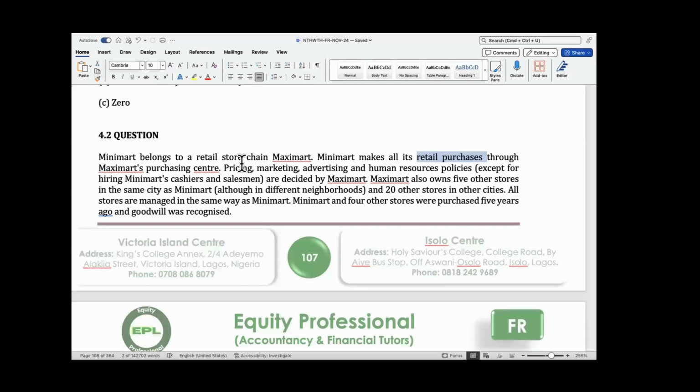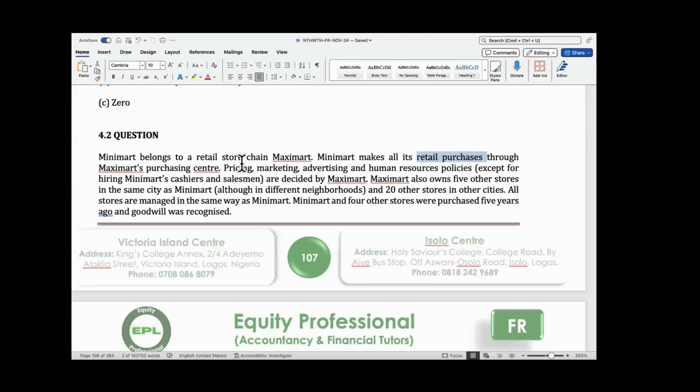If that's the meaning of a cash generating unit, which is a unit that makes money, then Minimart is a cash generating unit on its own because it makes money on its own. You just need to supply and advertise. It is a branch.